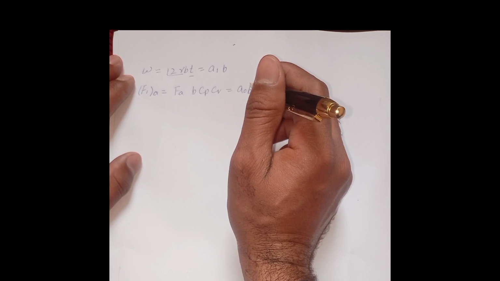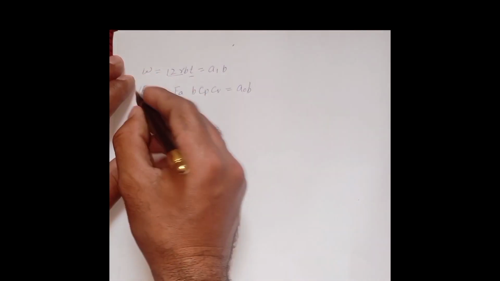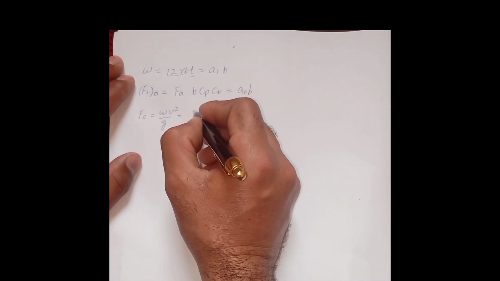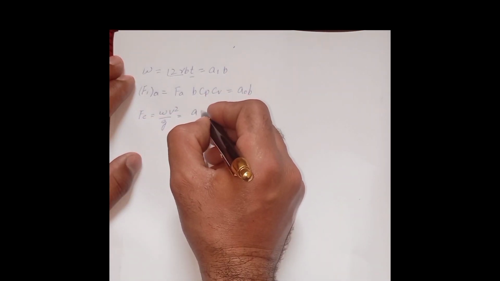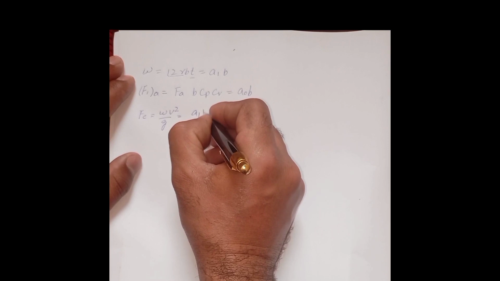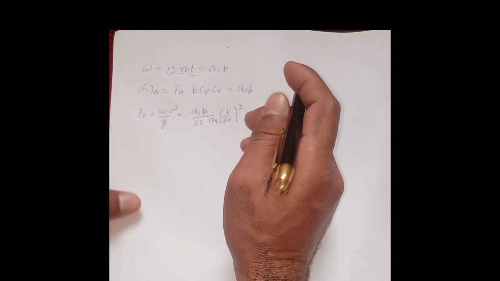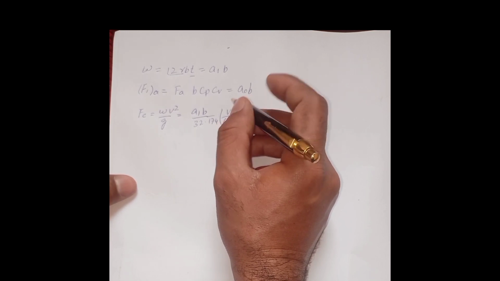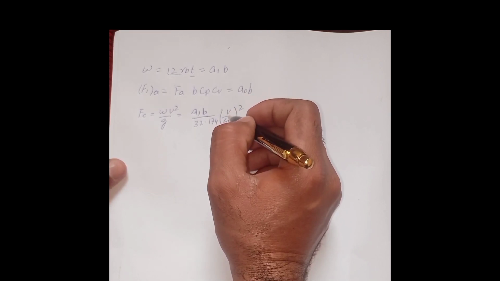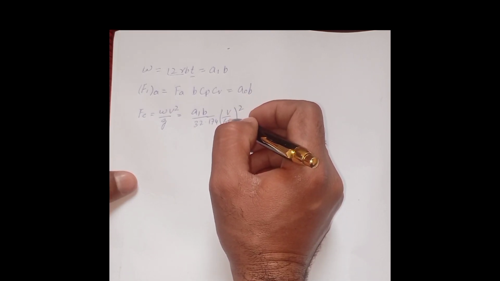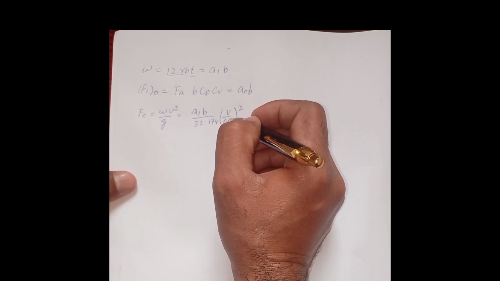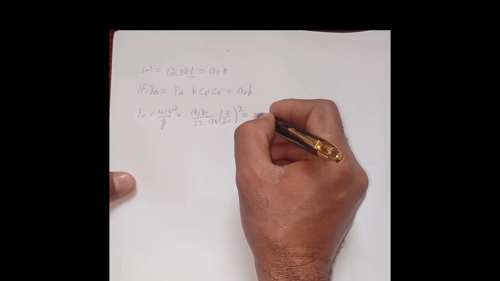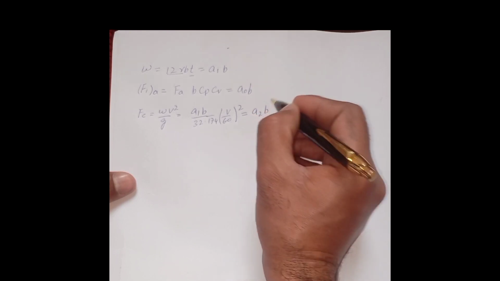So a Cp Cv is equal to a naught. Similarly, Fc is equal to this; if you put the values of w or omega, that is specific weight, it is going to be equal to this. Here we have put 60 in the division as well, because the velocity you will get is per minute, so to convert that per minute into seconds you have to put 60 over here, and it is going to be equal to a2 b.